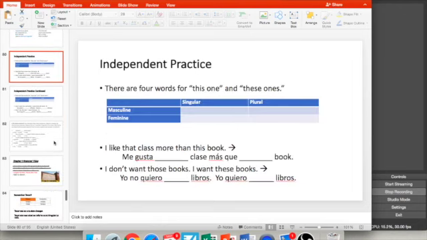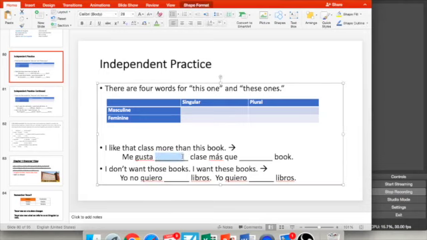I know these are hard, so let's look at some examples. I gave you in English first. I like that class more than this book. So think about that. And I need you to remember that this and these both have T's. That and those don't. Clase in this case is feminine. It was la clase. So for that, my two options here were either ese or esa for that. Because remember, this and these both have T's.